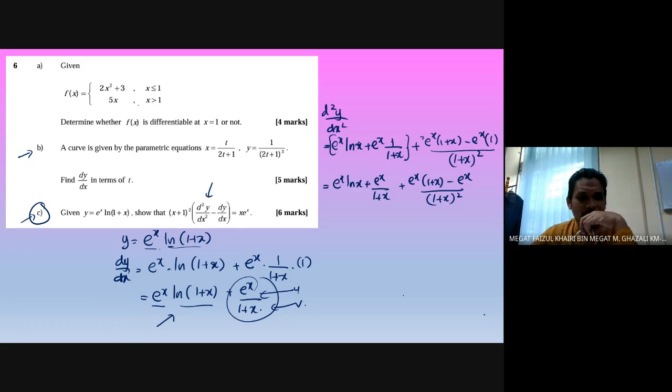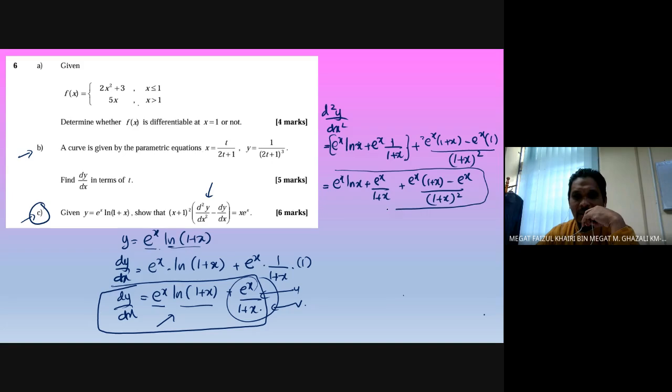Class, if I recall, trying this question might take such a long time. If you don't mind, can I just share the solution of this with all of you later? I think this kind of question is quite complicated, because this is my dy/dx, and this is my second derivative of y with respect to x.